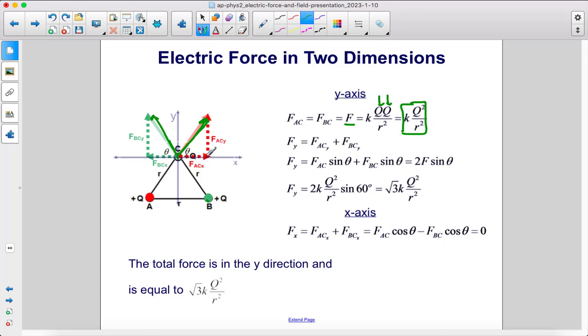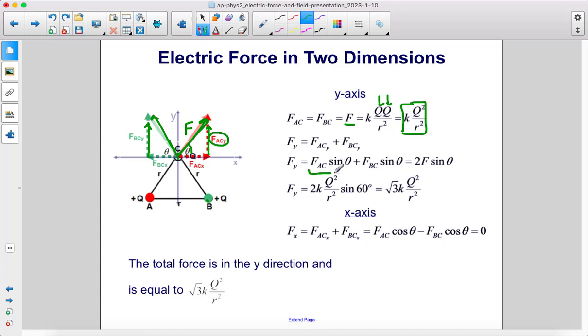Now let's focus on just the y components. So the net force in the y dimension is going to be this component plus that component. Now what are those components? Well, we know this is theta here, and it's opposite, so it's going to be related to sine. So our hypotenuse is F. So F times sine theta will give us the length of this side of the right triangle. So here we have F_AC times sine theta.